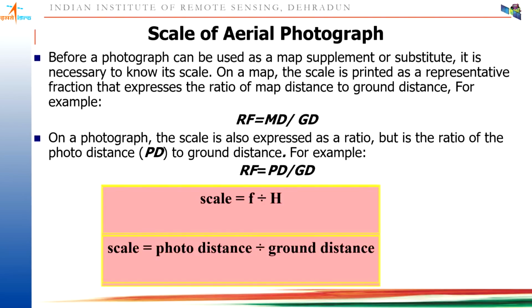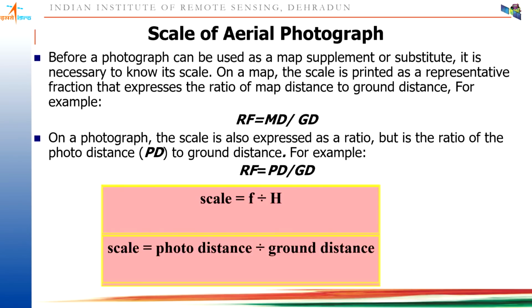But before going there, we should discuss a bit about the scale of the aerial photograph. Before a photograph can be used as a map supplement or substitute, it is necessary to know the scale of the photograph. As we already know, on the map the scale is printed as a representative fraction, for example 1 is to 50,000.